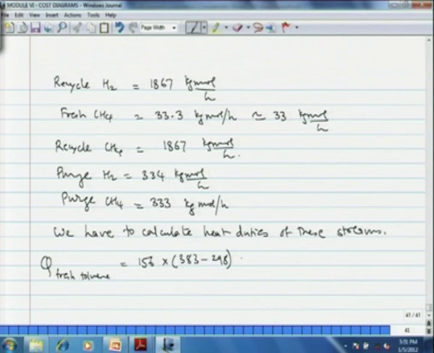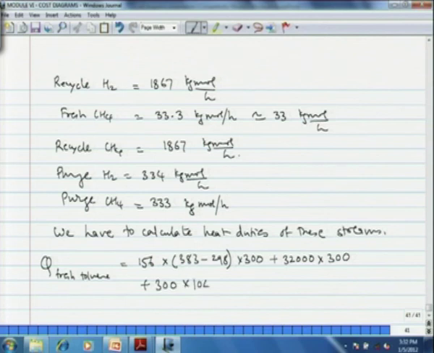So this is a sensible heat, 300 kg mole is the feed, plus the heat required for phase change, that is 32,000 joule per mole, or kilojoule per kilomole, is the latent heat into 300 kilomole per hour, plus the superheating of those 300 kilomoles of vapor.